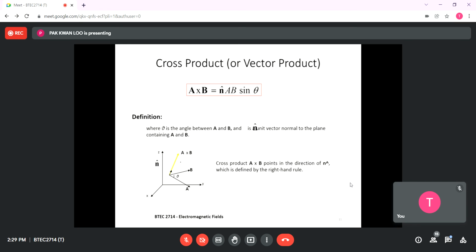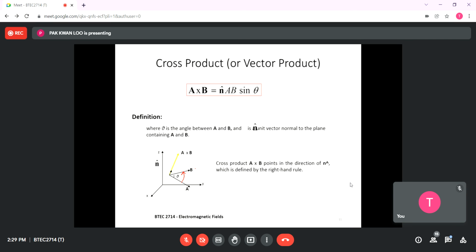If you try A cross B, that means imagine A moving towards B, so your vector produced here is the unit vector, sorry, the normal vector that is perpendicular to A and B, or perpendicular to the plane consisting of A and B.